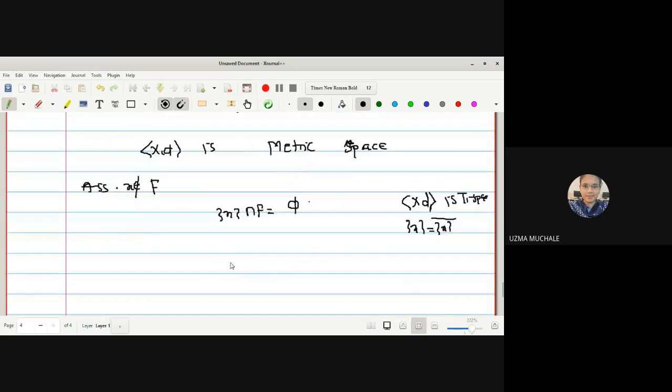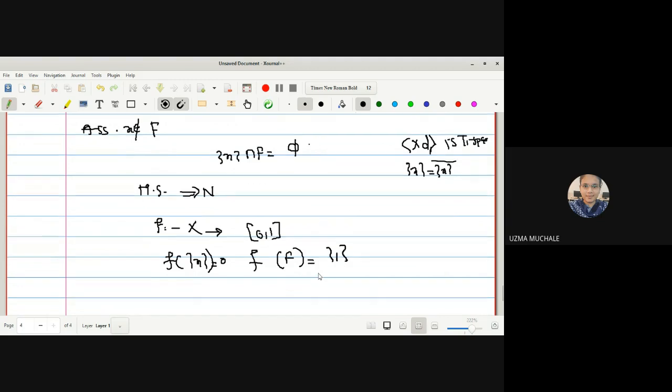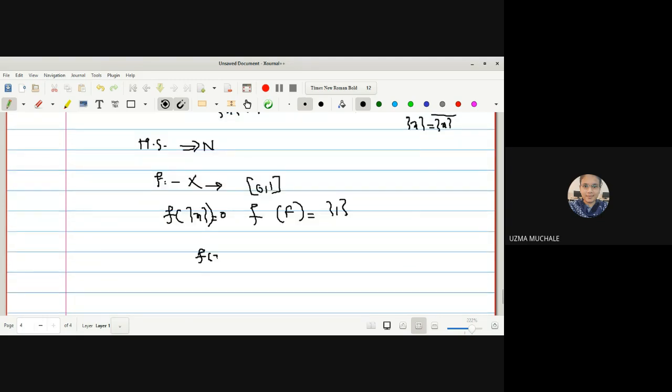So we know that every metric space is a normal space. If every metric space is a normal space, we can apply Urysohn's lemma, and there exists a mapping f from X to [0,1] such that it maps one closed set to 0 and it maps the other closed set to singleton 1. Hence f of singleton x, we can write, is f(x) = 0, and f(F) = {1}.